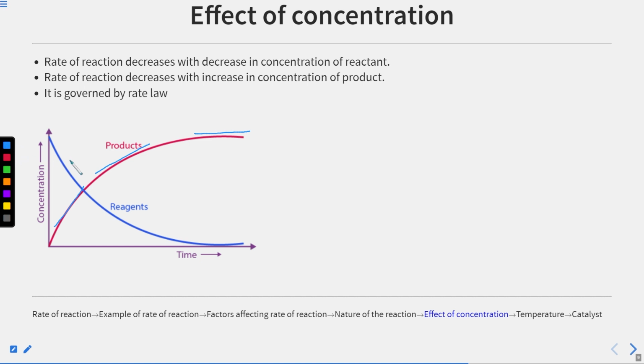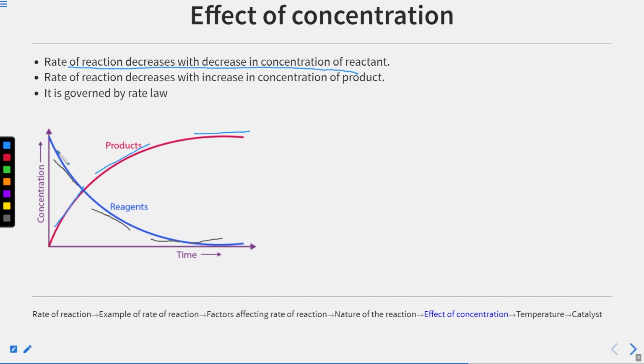Similarly, if we take a look here, you can see the steepness is again fading away with time. So this reactant concentration is decreasing, due to which the steepness is going away and we are getting a reduced rate of reaction. The same thing is written here, that the rate of reaction will decrease with decrease in concentration of reactant.